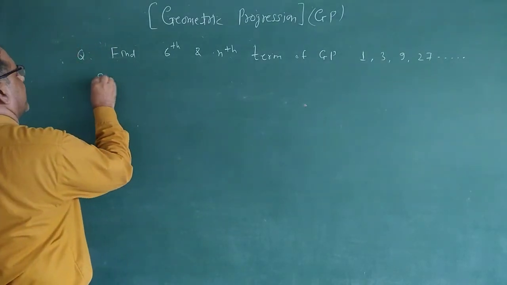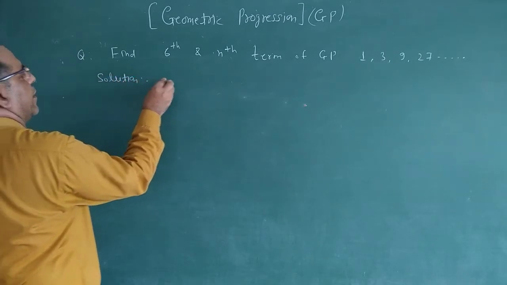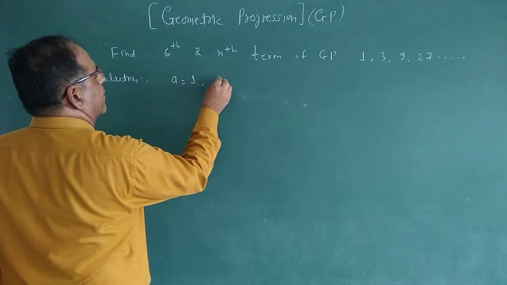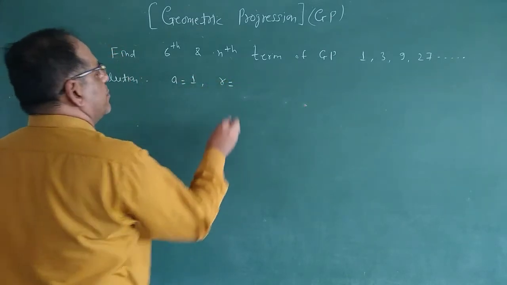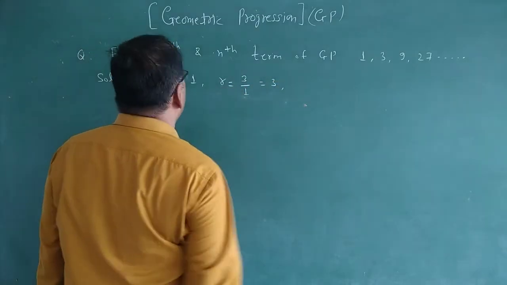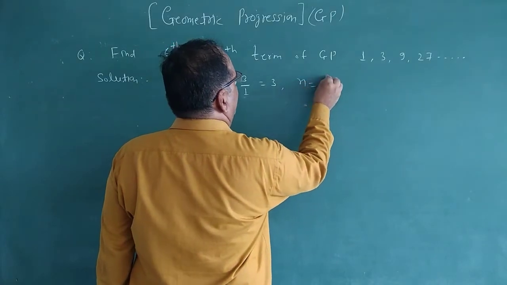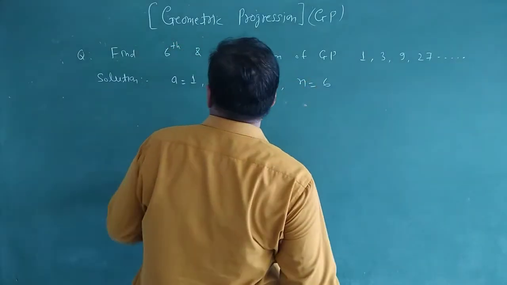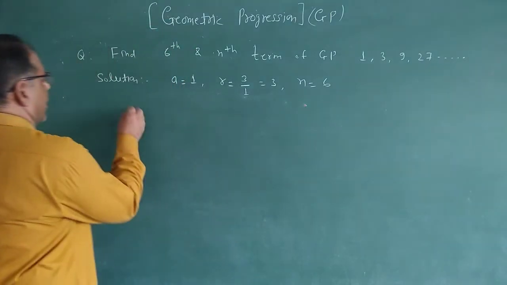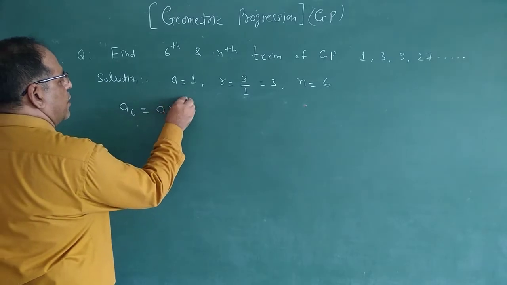So here A equals 1, R equals 3 upon 1, that means 3, and N equals 6, because first we want to find the value of the 6th term. So A6 equals AR to the power 5.